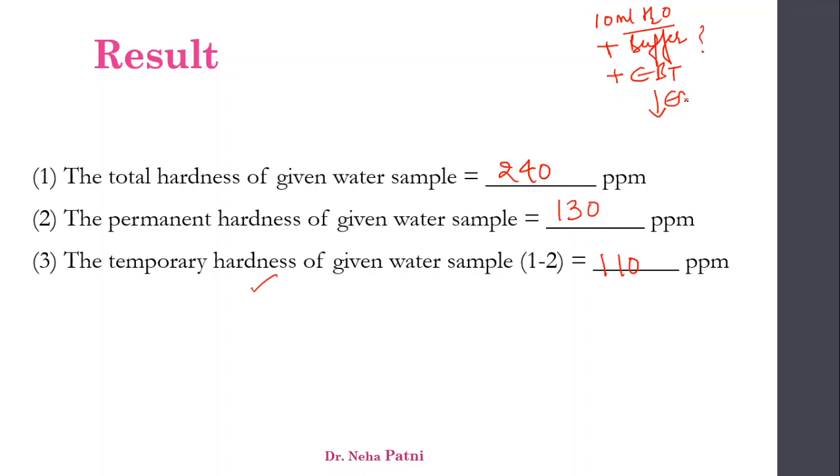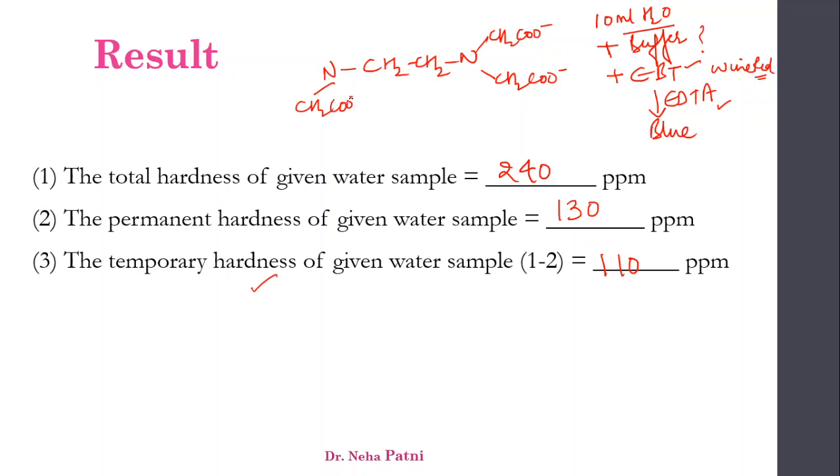Because right now it is a complexometric titration, right? So I am using a ligand here. This was the overall reaction, right? So if you remember, ethylene diamine would be like this, and tetraacetic acid would be like this. Now if you want this to react with your hardness, obviously there will be a bond formation.